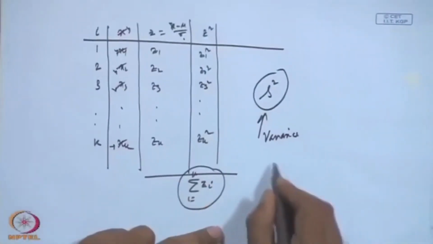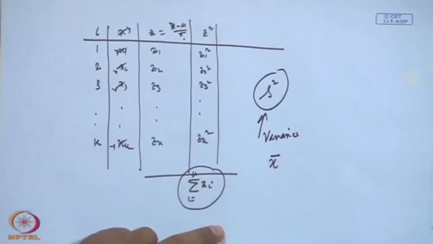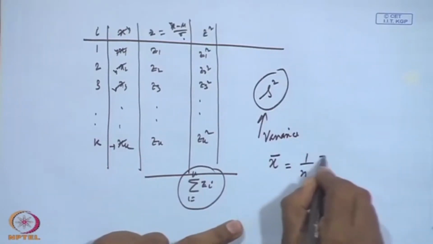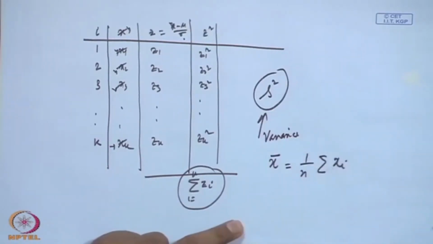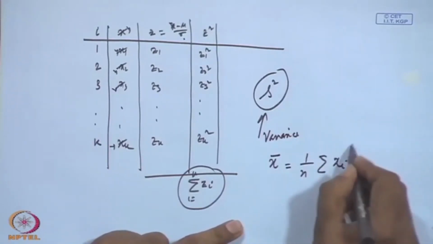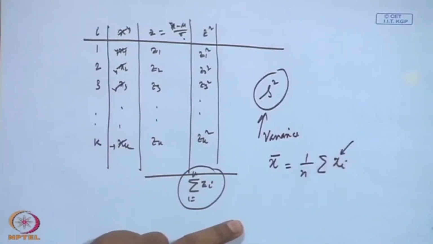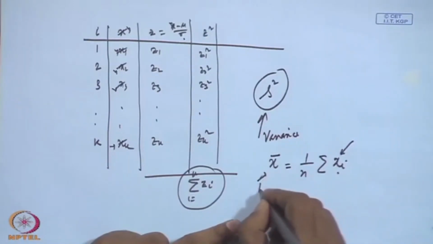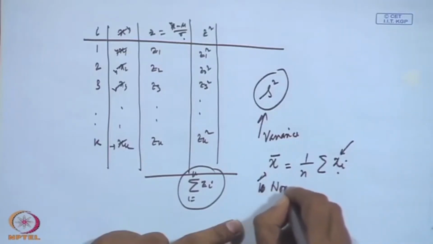What will be the distribution of x bar? See, x bar is 1 by n sum total of xi. X is a normally distributed variable. So, if x is normally distributed, x bar also follows a normal distribution.